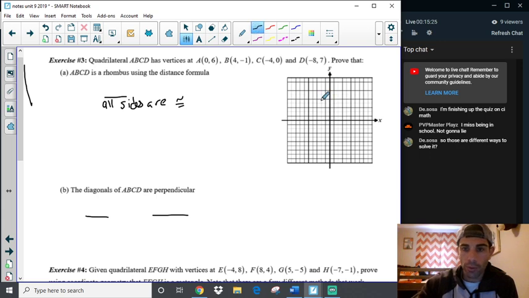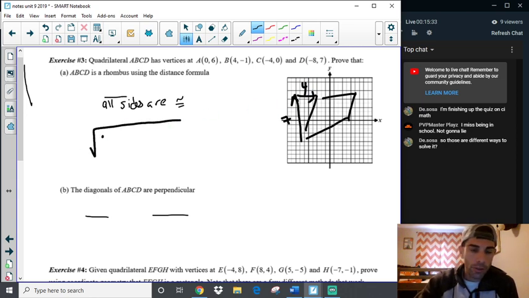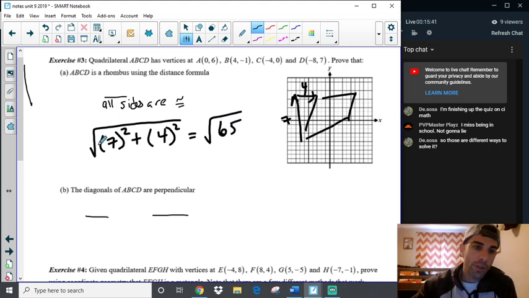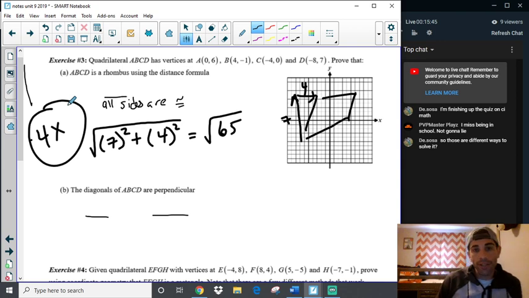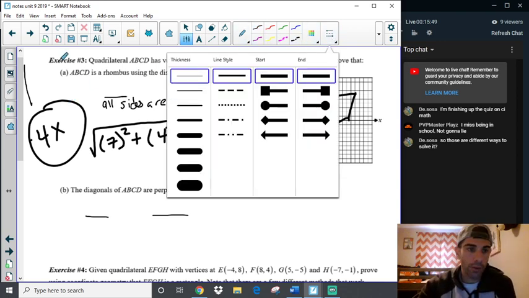This is not what it looks like, but your distances here were 7 and 4. Then if you're using your distance formula, you should have a 7 squared and a 4 squared, so square root of 65. And you would want to do that 4 times just to make sure that all of the sides were congruent.